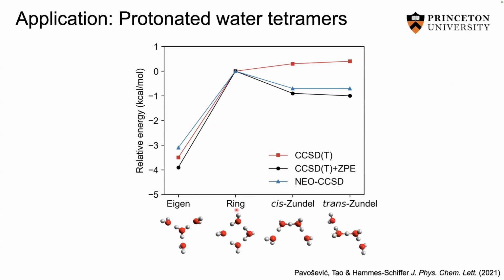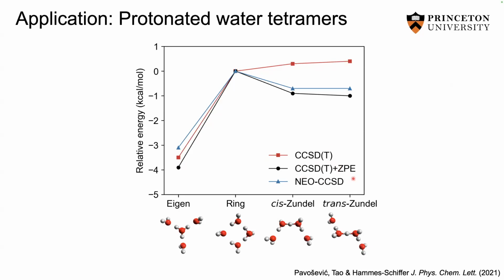So here are the results for the relative energies of these water clusters where the ring isomer has been set to the reference energy. Let's first look at what we see with just plain old conventional electronic structure theory, in this case CCSD(T), which is a reference calculation that was in the literature. And what we see is that in this ordering, the Zundel isomers are actually higher in energy than this ring isomer.